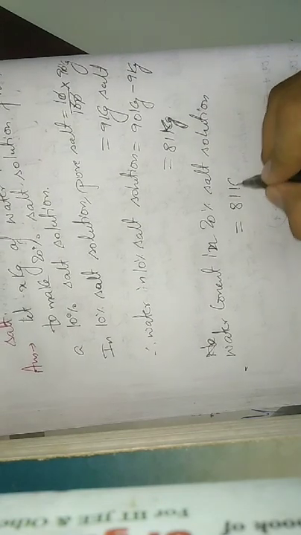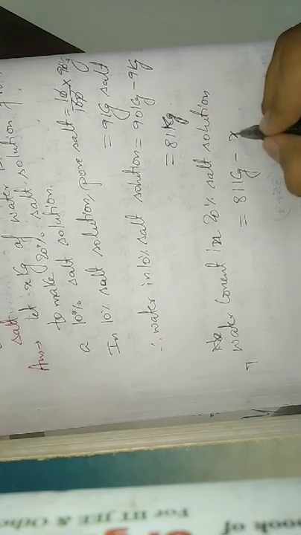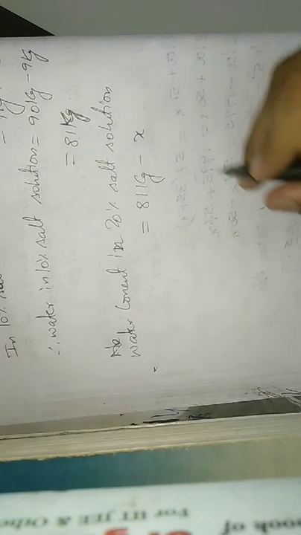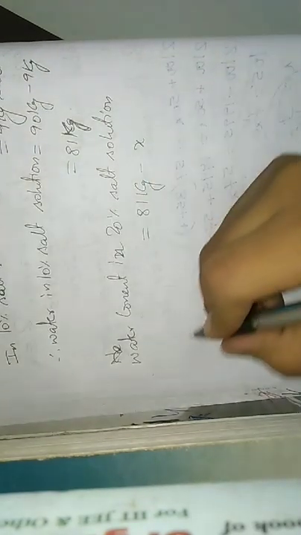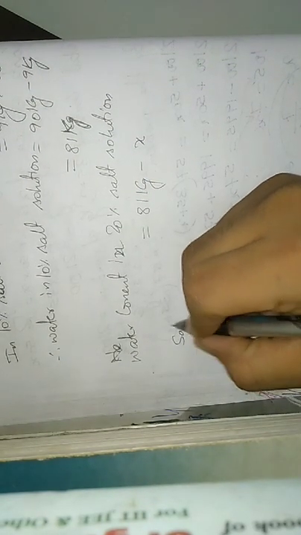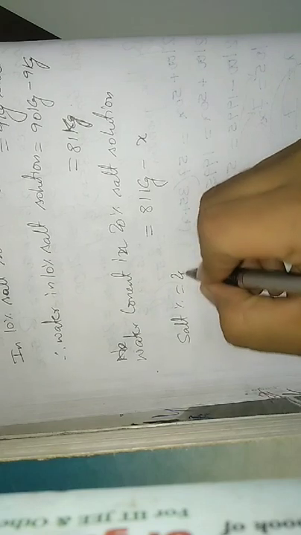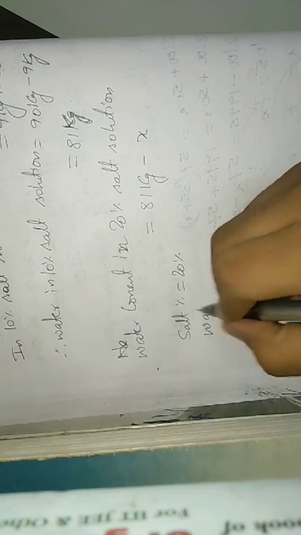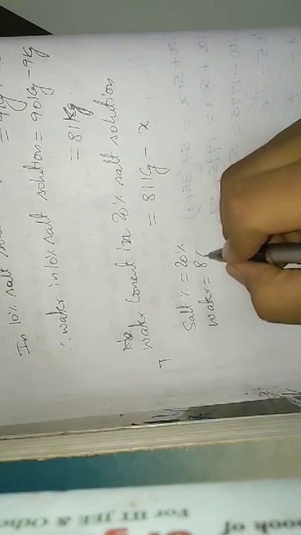Water originally was 81 kg, so now it is 81 minus x kg, correct? And what should the water content be, since it is a 20% salt solution? Salt percentage is equal to 20%, so water content should be 80%. Am I correct?